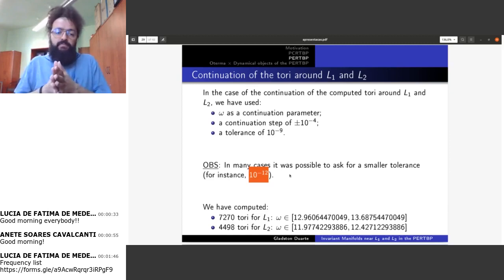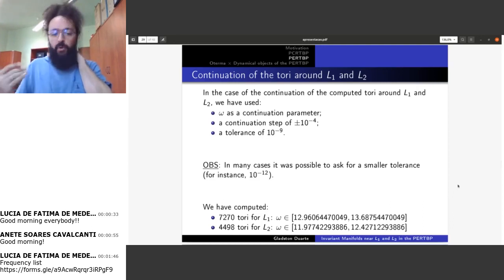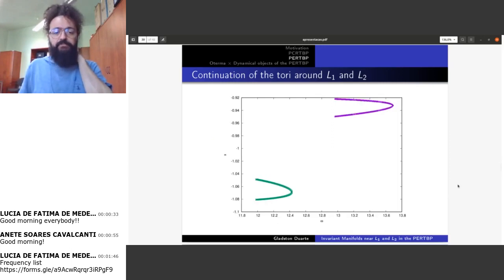In many cases we could use 10 to the minus 12. It has something to do with resonance regions that we still need to investigate more deeply. So for this work, we have computed this amount of tori for L1 and this amount of tori for L2. We'll see that these are enough for our purposes, but there are way more to be computed.